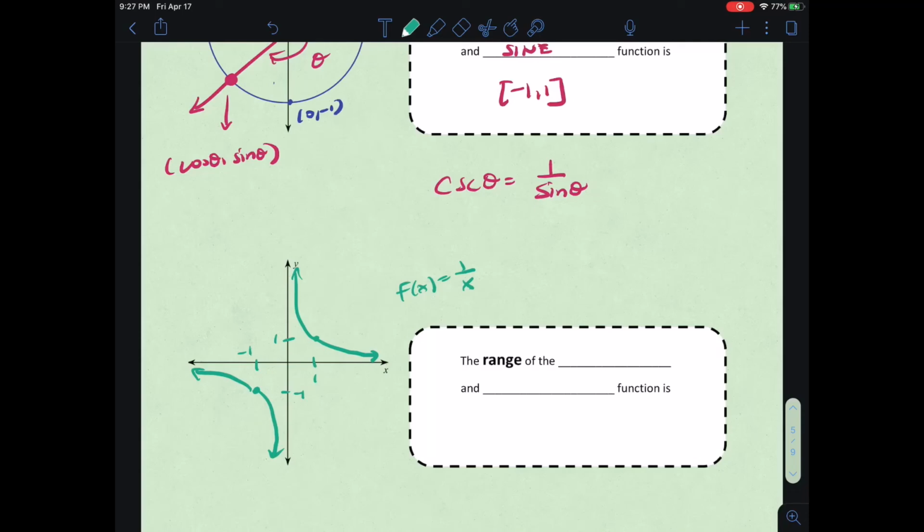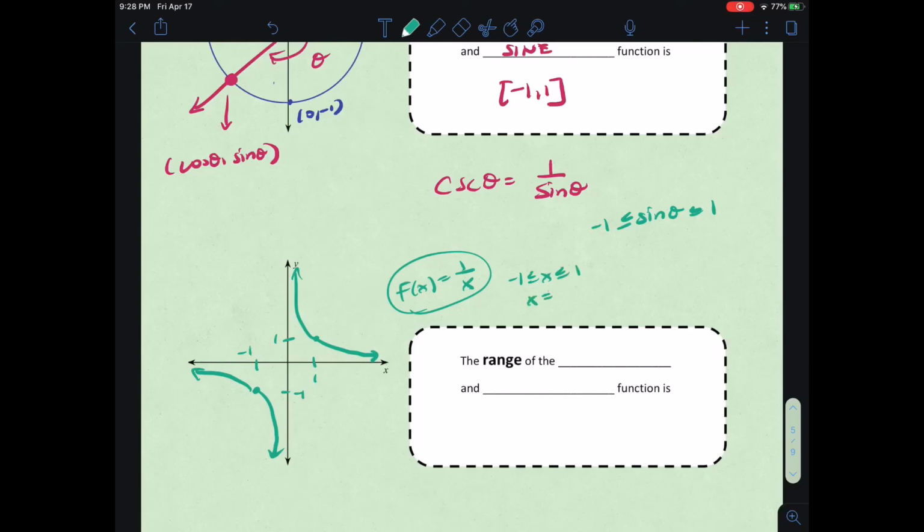And so what we notice for the cosecant function is that the cosecant function is 1 over sine. And so the cosecant function depends on what the sine values take on, right? And so because we know that the sine function only takes on values between -1 and 1, what I can do is look at this function here and look at the range of that function when x is between -1 and 1.